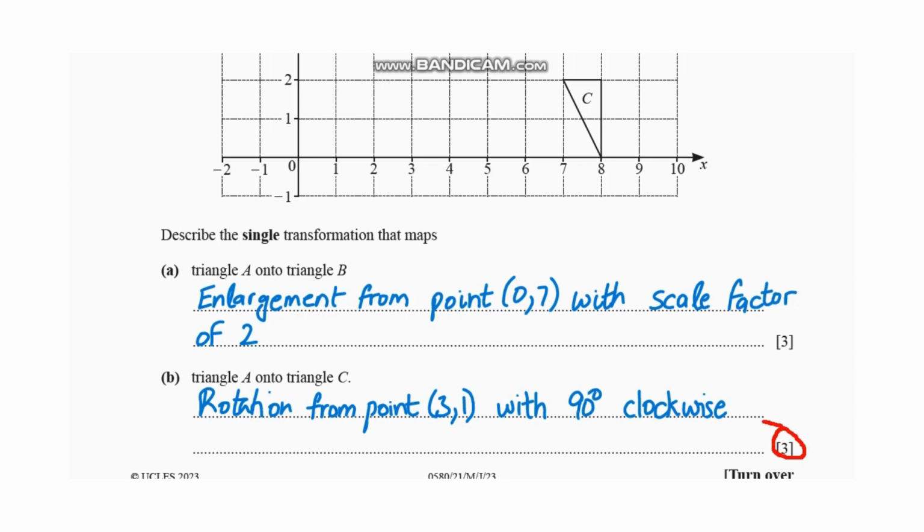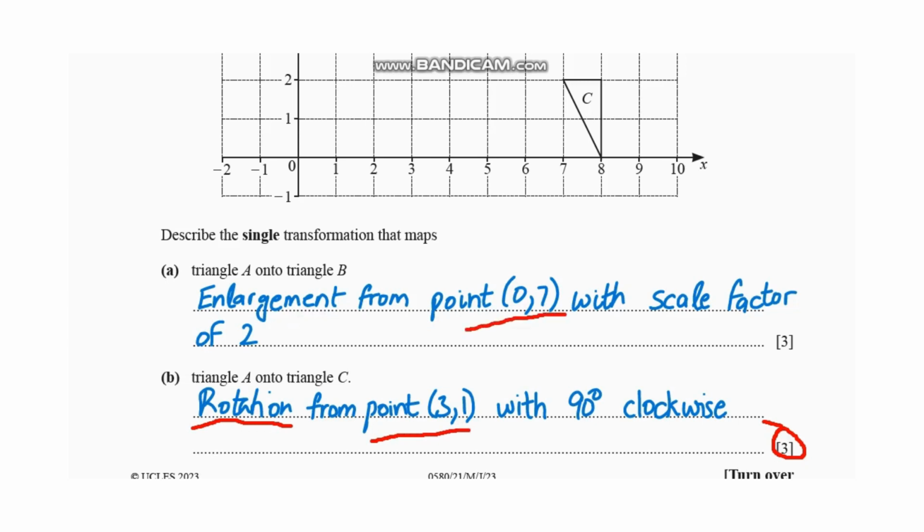First one is, what type of transformation is this? Is it rotation, enlargement, or translation, reflection? First point, you will get this. Then second point will be from which point it is, like 3, 1 or 0, 7.